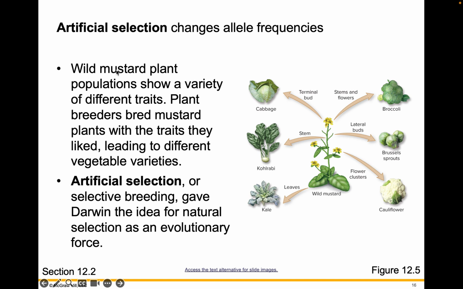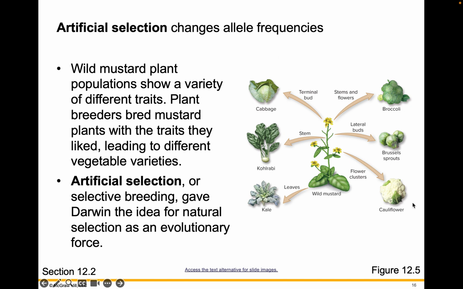All right, an example of this would be the wild mustard plant. Have you ever seen garlic mustard? It's an invasive species, but we have it here in Michigan. And it's related to this wild mustard. But anyway, plant breeders bred this mustard plant with traits that they liked, and it led to a variety of different plants being produced.